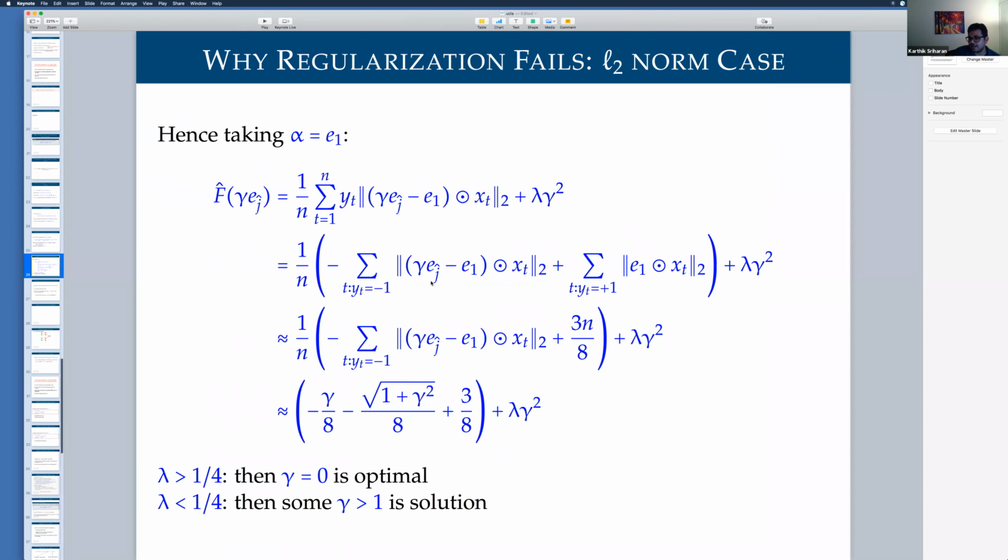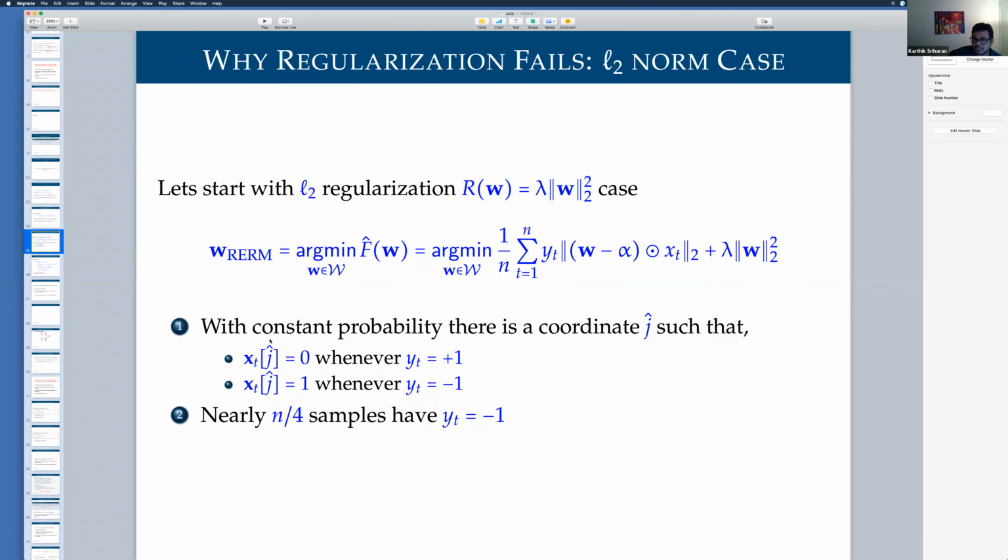And whenever y_t is +1, which is 3/4 of the instances, x_t on the j hat coordinate is going to be 0. This was what we had in the previous slide. So the key idea is that on instances where y_t is switched on, x_t on that coordinate is 0, and on instances where y_t is -1, x_t on that coordinate is switched on.